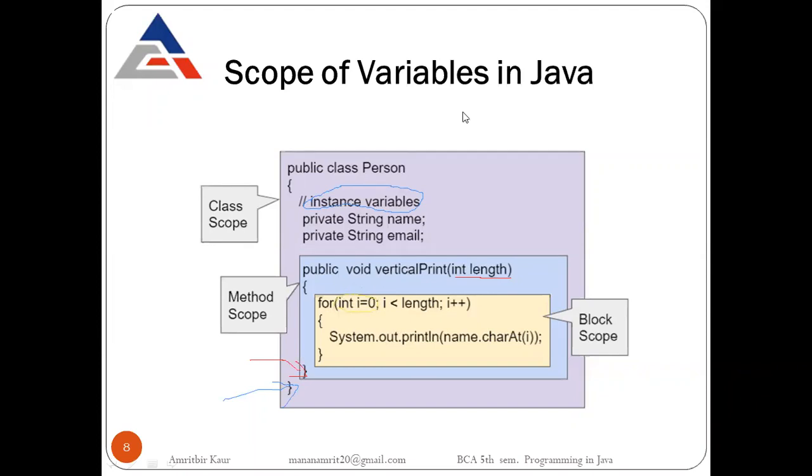We declare and define our int i variable inside the loop, so memory is allocated till this curly brace. When the for loop ends and control goes outside this block, this variable will be destroyed. So the lifetime of this variable is its scope, block scope.